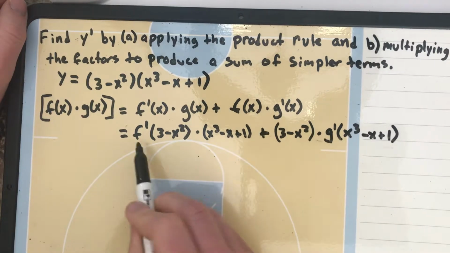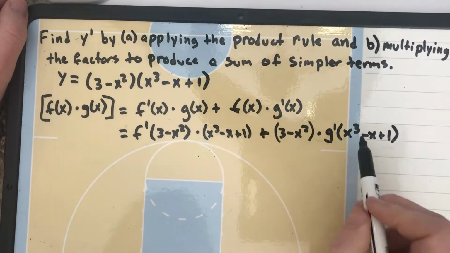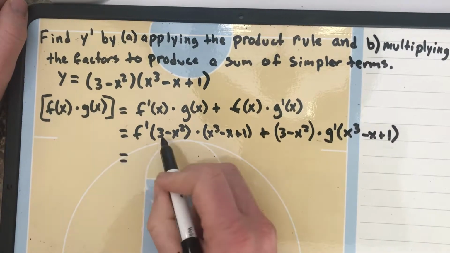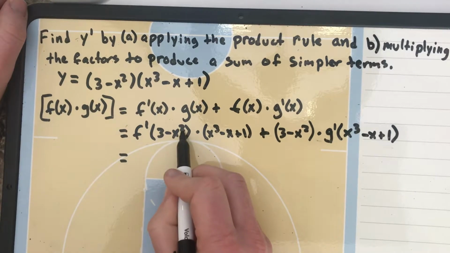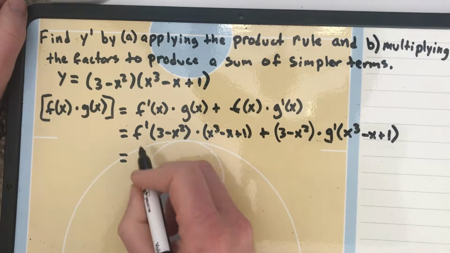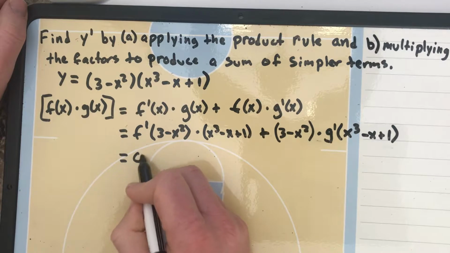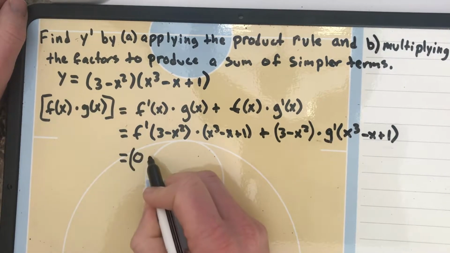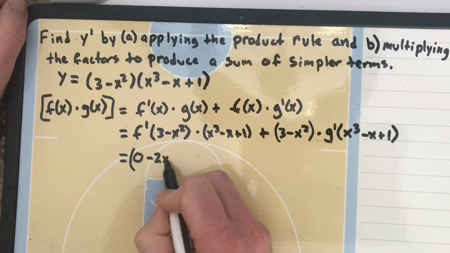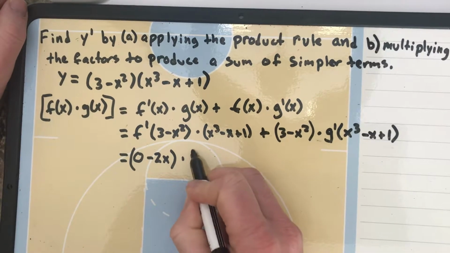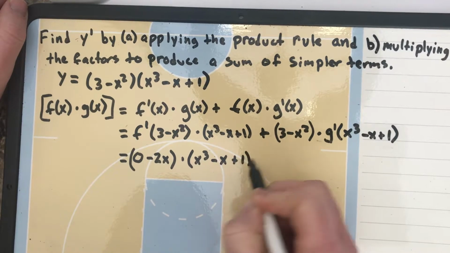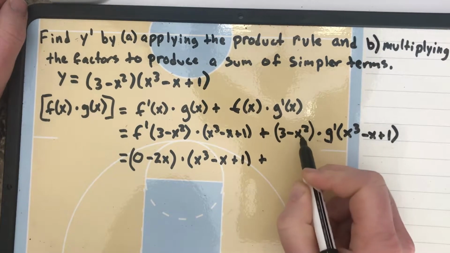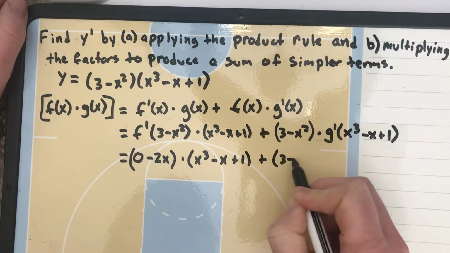So let's go ahead and find the derivatives then of this term and this term. I know the derivative of this term: remember, when you take the derivative of a constant, that becomes 0. So I bring the 2 to the front, so I end up with just 0 minus 2x times x cubed minus x plus 1 plus 3 minus x squared.